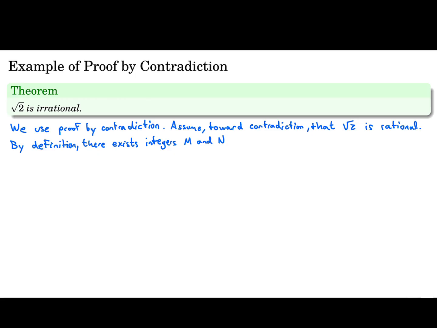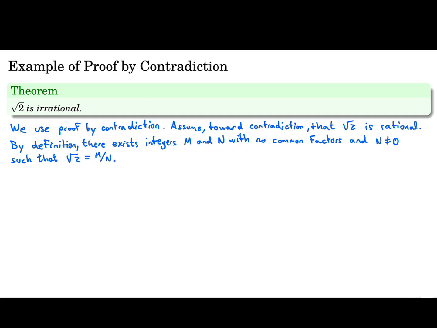So let me write this and we'll talk about it. With no common factors, and n different than 0, such that square root of 2 is equal to m divided by n.